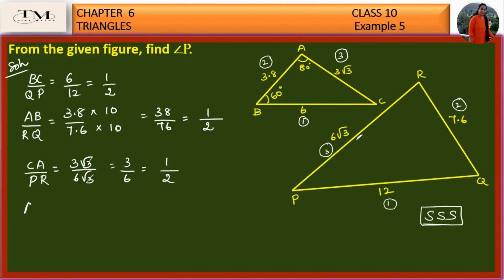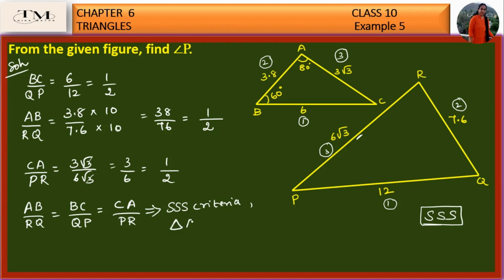So we have AB by RQ is equal to BC by QP is equal to CA by PR. What happens? This implies by SSS criteria we have triangle, starting with A. AB corresponds to RQ, so write RQ.